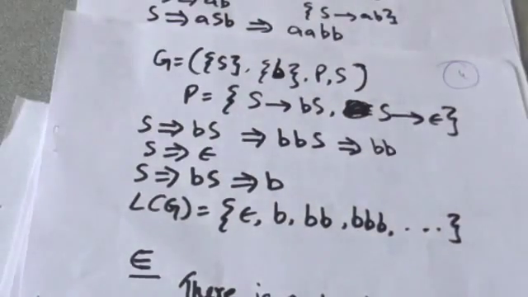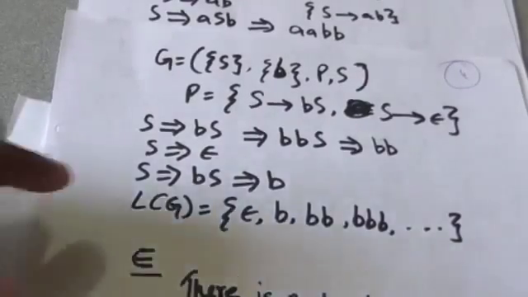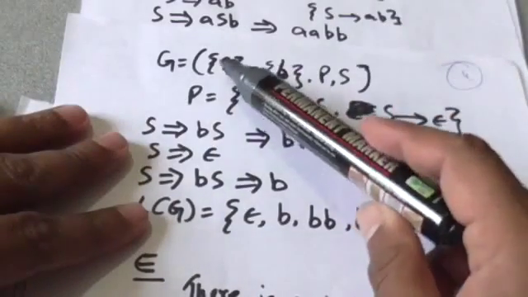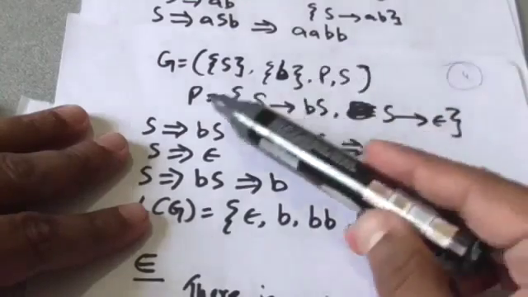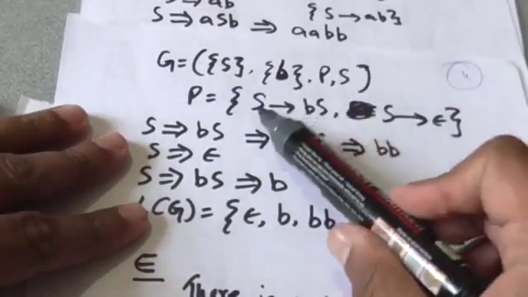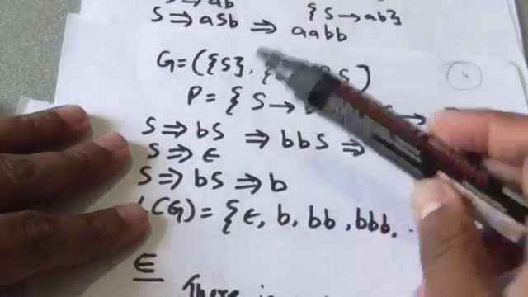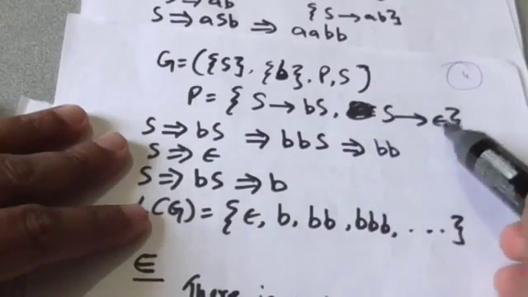Now let us see this grammar G. It has only one variable S, which is the start symbol. It has the following productions. S derives b S, where this small b is a terminal. It has only one terminal, b. S derives empty string.